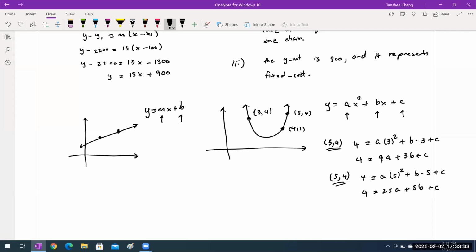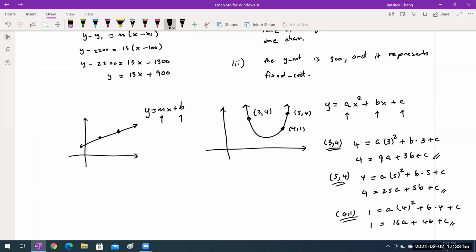Lastly, using the last point, (4, 1), we get 1 equals a times 4 squared plus b times 4 plus c, which is 1 equals 16a plus 4b plus c.